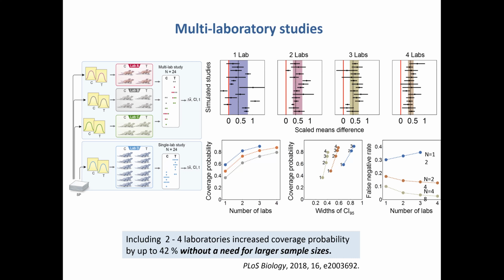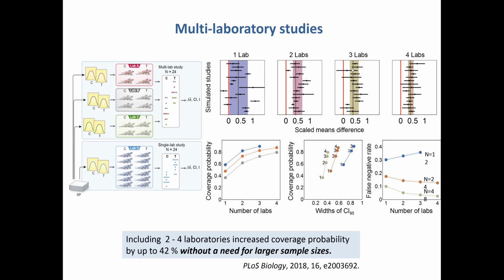Namely, it's more likely that such a study will capture the true meta-analytic mean estimate. We have this meta-analytic mean estimate, which is based on hundreds of different studies, all researching the same question, testing the same drug. So we have pretty good information where the average response should be.